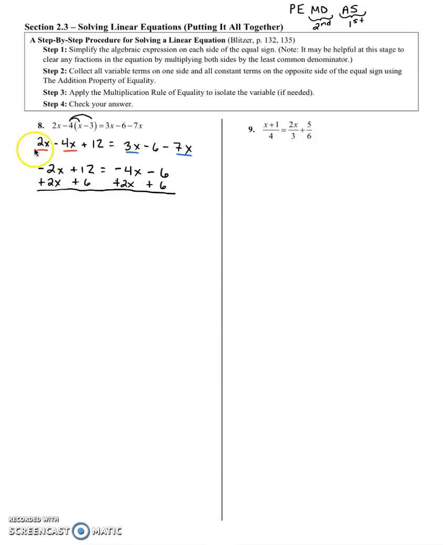So when we do that, the 2 x's cancel on the left side and the 6's cancel on the right side. That leaves us with 12 plus 6 on the left is 18. And negative 4x plus 2x is negative 2x on the right side.